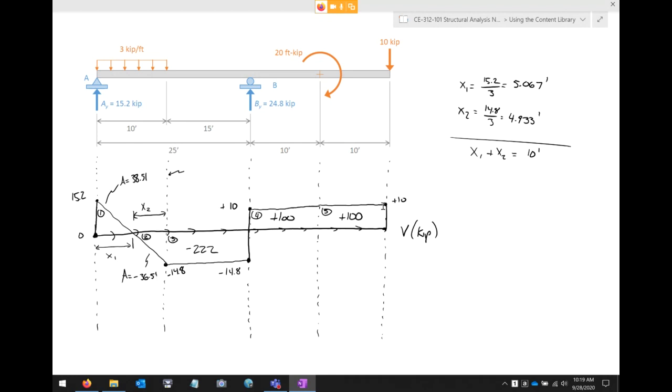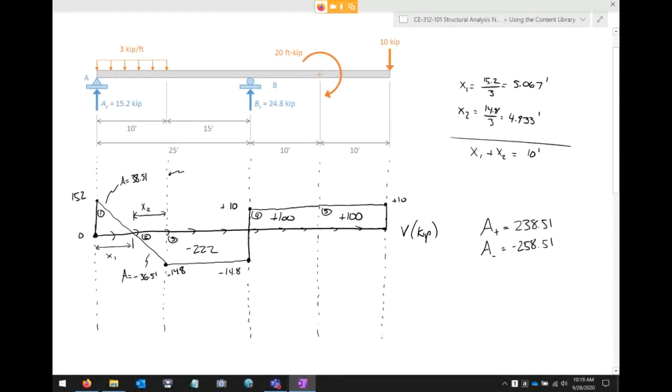Now the question becomes, do we make that 20 a positive moment or do we make it negative? So maybe I'll put this on the screen. Area positive is 238.51. Area negative is negative 258.51.